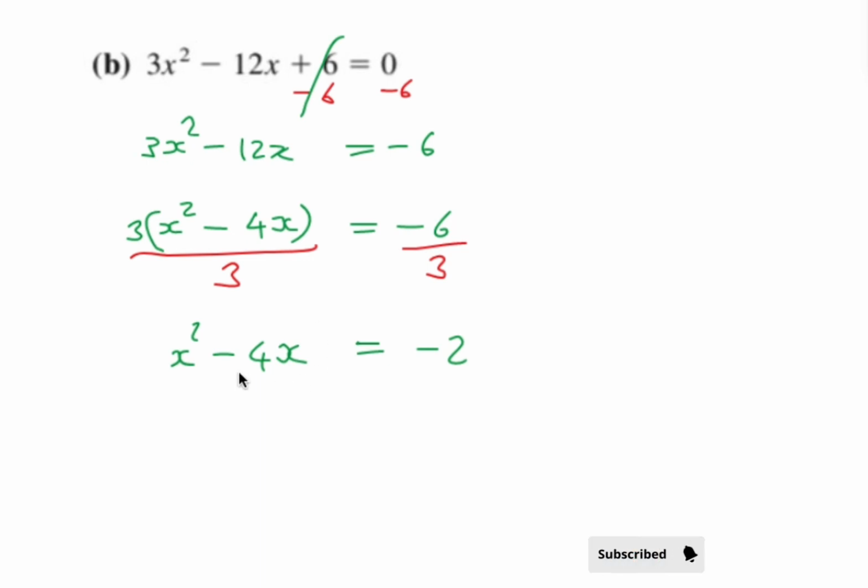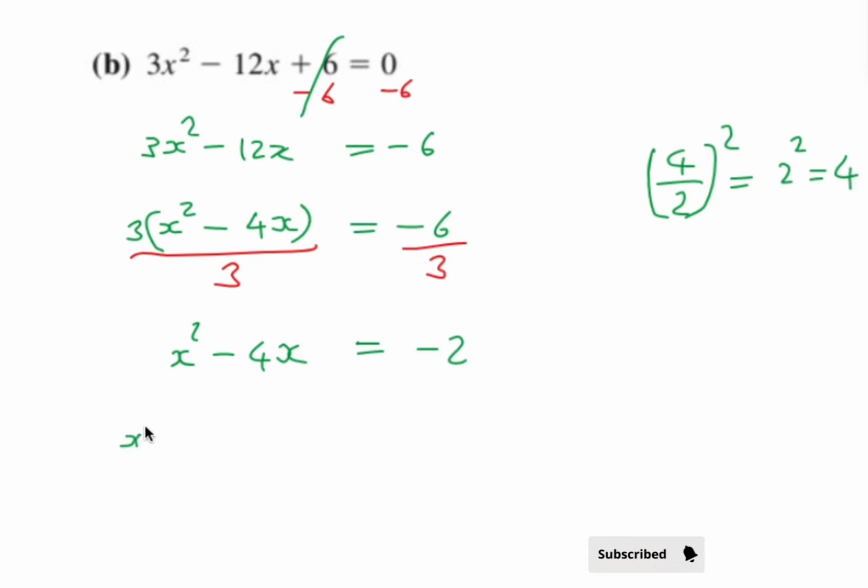So what should we add here for making a perfect square? B value is 4, halve it and square. So 4 divided by 2 is 2, and then square it, so this is 4.